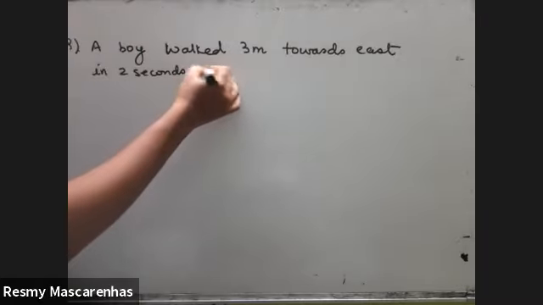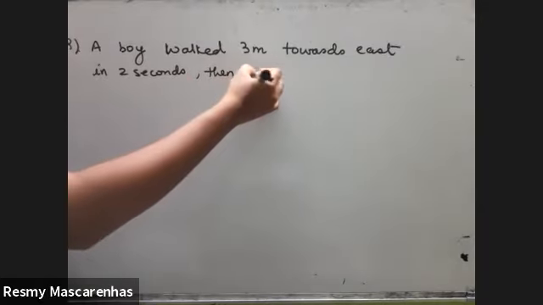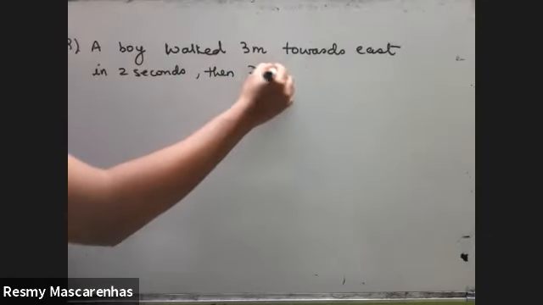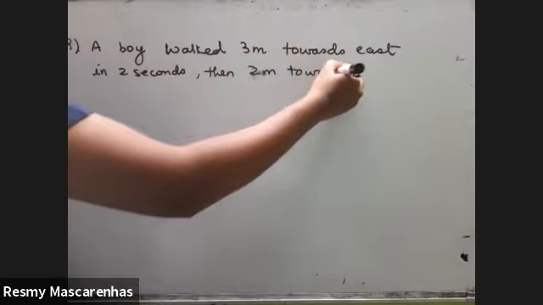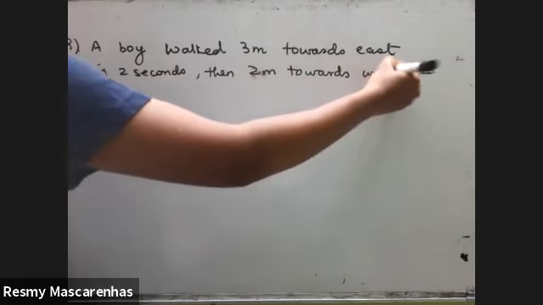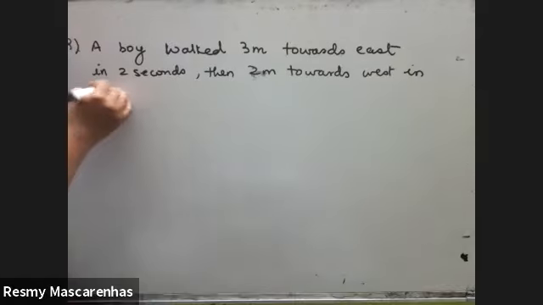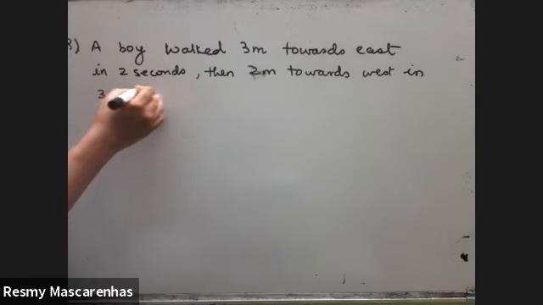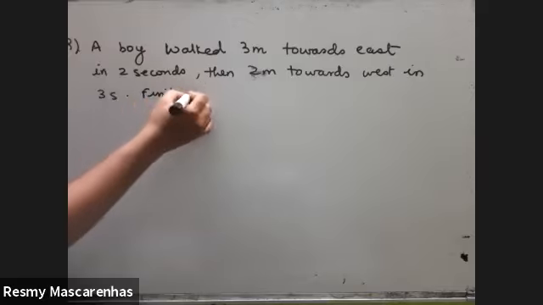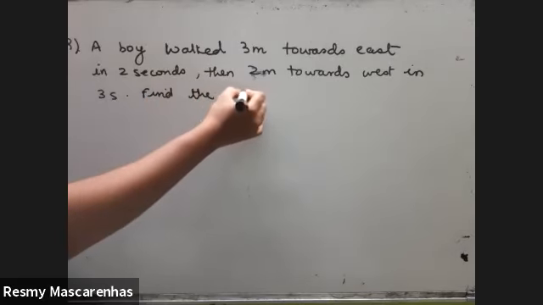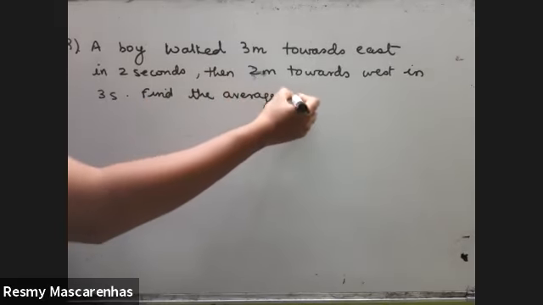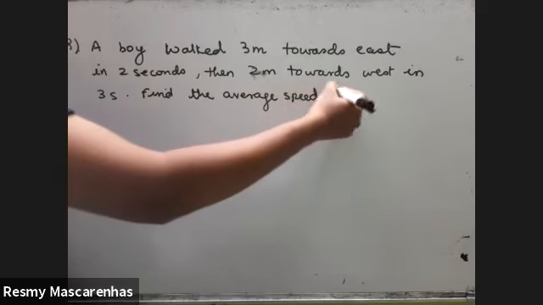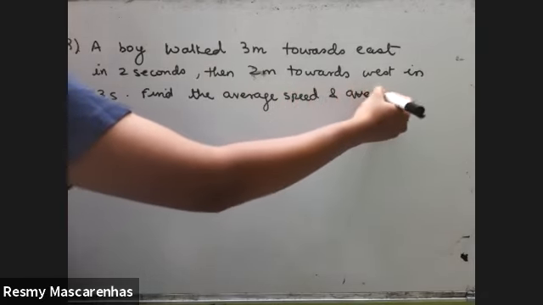Then 2 meters towards west in 3 seconds. Find the average speed and average velocity.